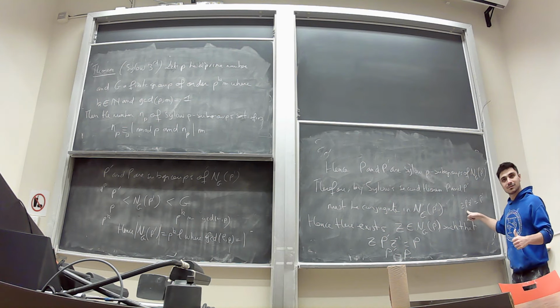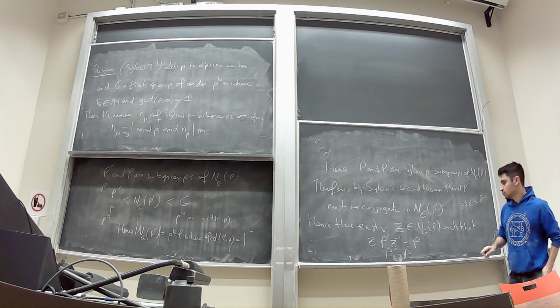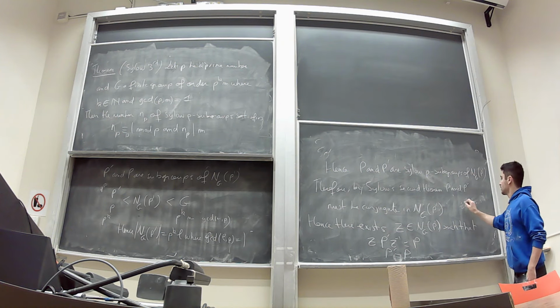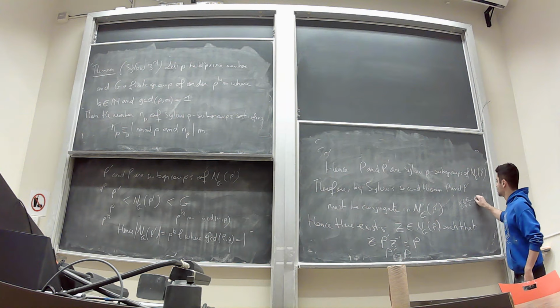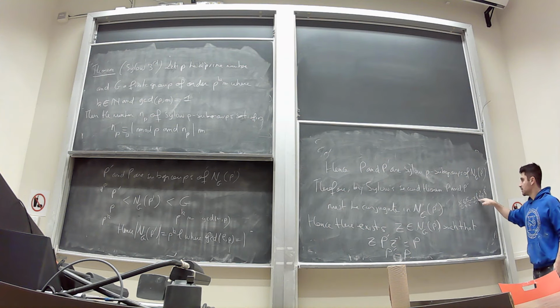So the normalizer is the set of x in G such that x P prime x inverse is equal to P prime, right? If z belongs to the normalizer, then z P prime z inverse is equal to P prime. And hence P prime is equal to P.